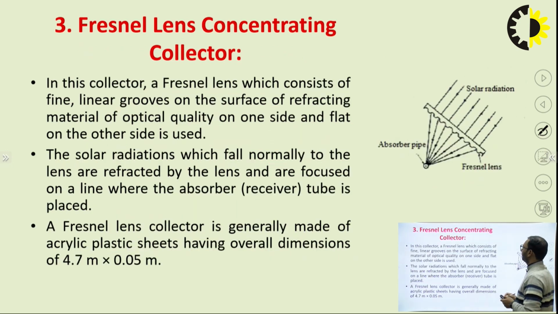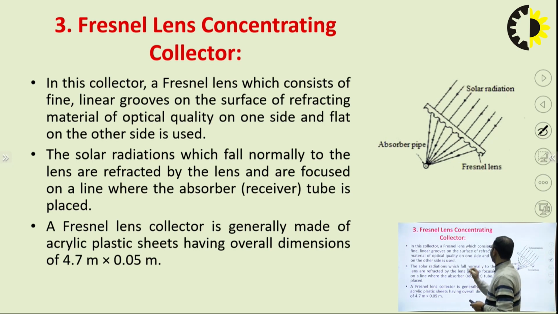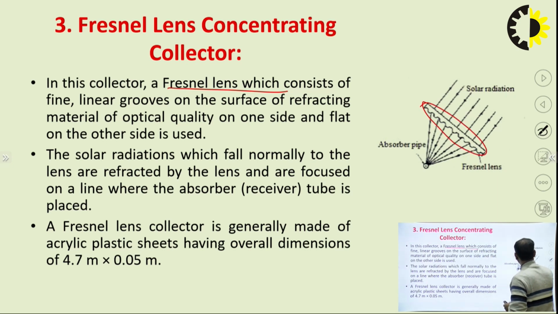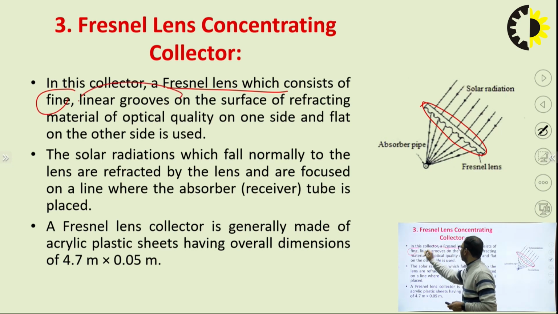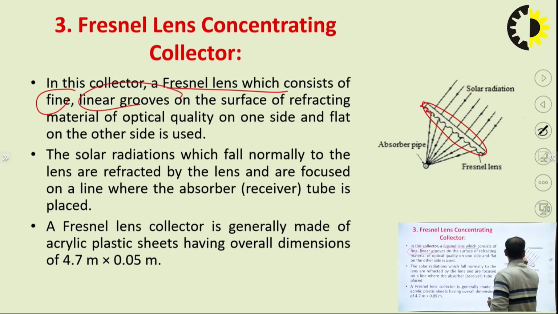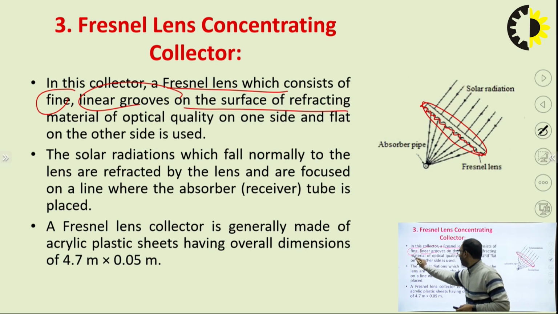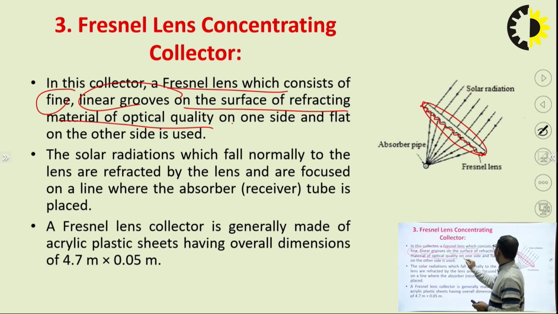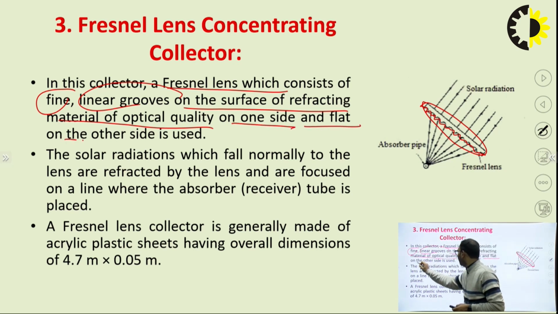The third one is the Fresnel lens concentrating collector. In this collector, a Fresnel lens consists of fine linear grooves on the surface of refracting material of optical quality on one side, and it is flat on the other side.